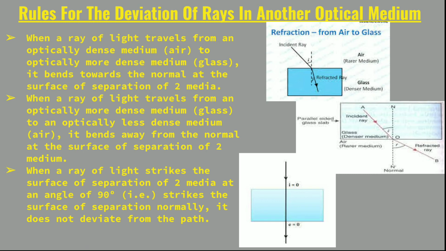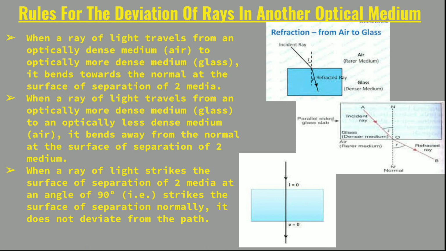First rule: when a ray of light travels from an optically less dense medium, say air, to an optically more dense medium like glass, air is less dense, glass is more dense, so it bends towards the normal.